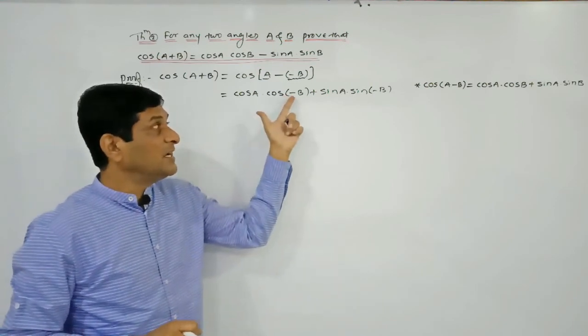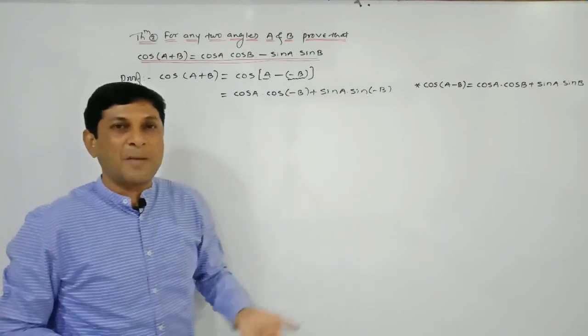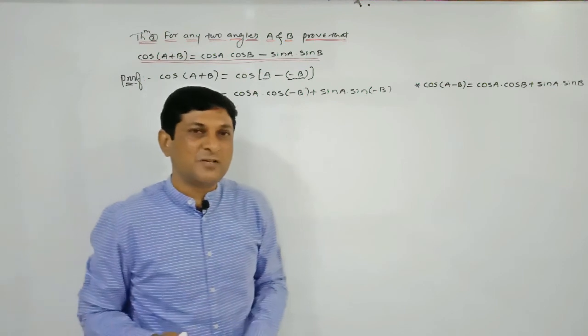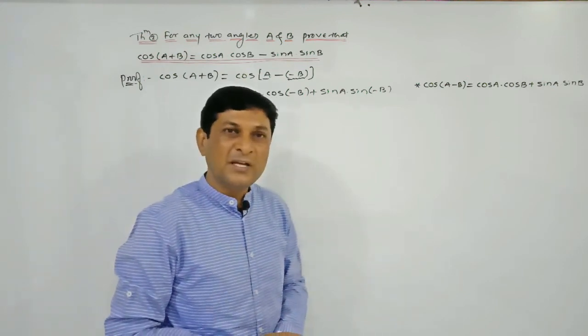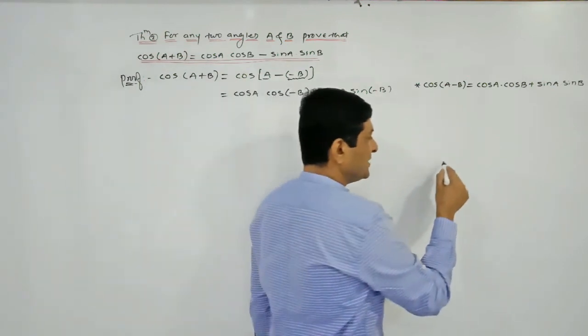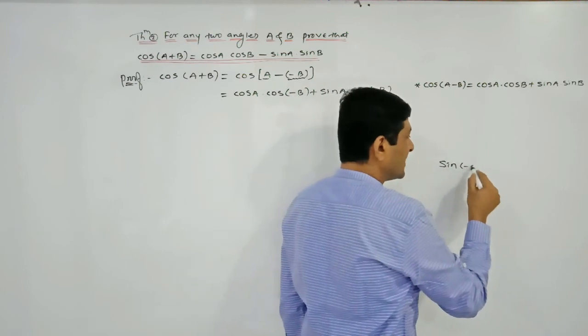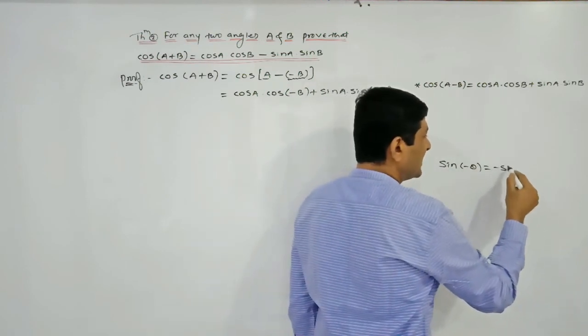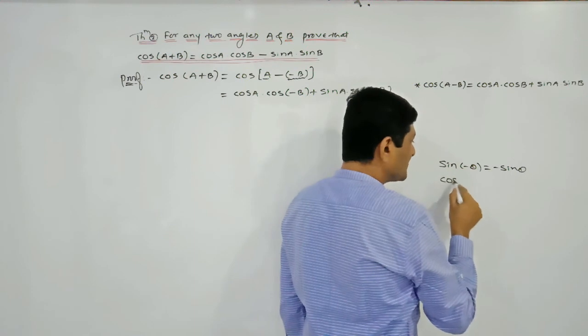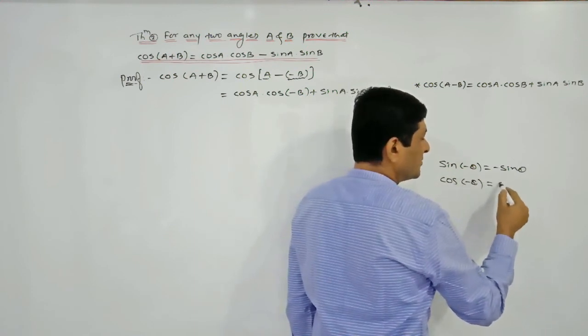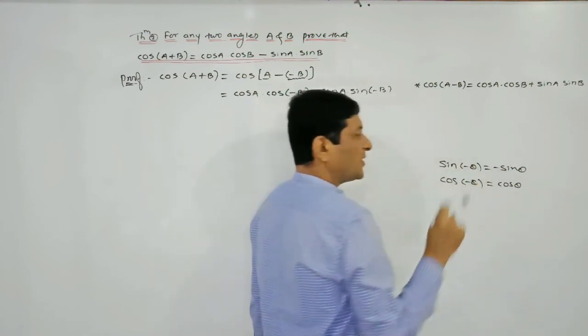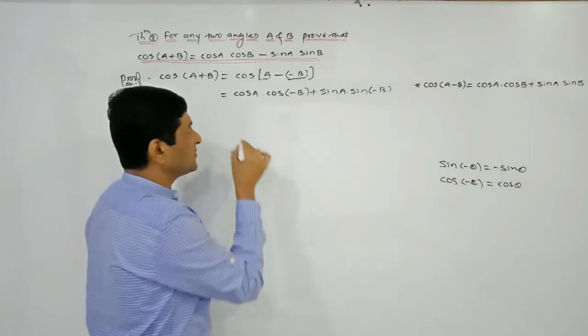Now here a negative angle appears, so we have to apply the trigonometric functions of negative angles, and these formulas we have proved in the last chapter. What we have seen is that the value of sin(minus theta) is equal to minus sin theta, and the value of cos(minus theta) is equal to cos theta. Let us see what result we get if we apply these formulas.